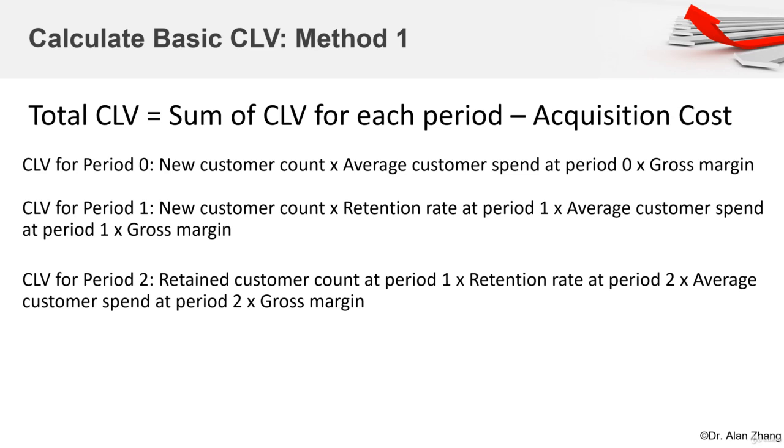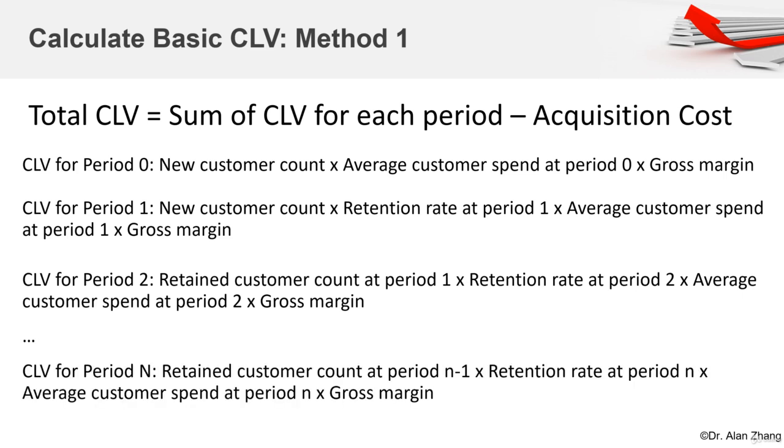Now from these 3 periods of calculation, you can see a pattern here. We can repeat this process until the number of retained customers is less than 1 customer. We can use a more generalized equation: CLV for period n is equal to the number of retained customers at period n-1 multiply retention rate at period n multiply average customer spend at period n multiply gross margin.